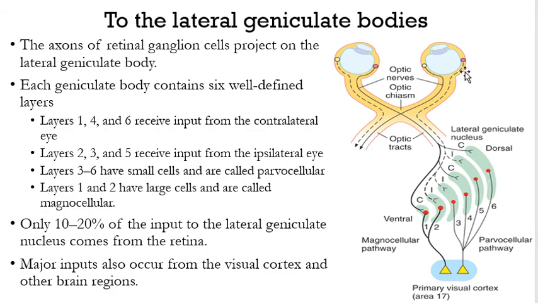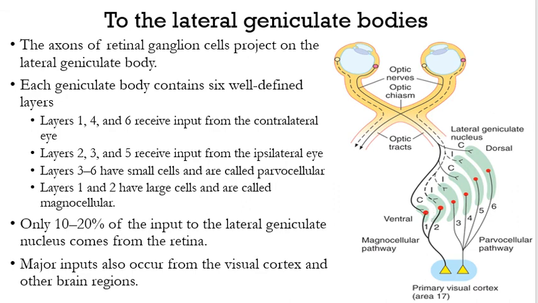The ones coming ipsilaterally go to the magnocellular second, still maintaining that lateral position, and then they also innervate the third and the fifth. So you need to know the exact components where these synapse. That's what this slide is saying.